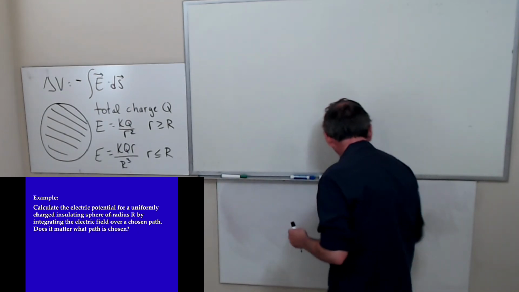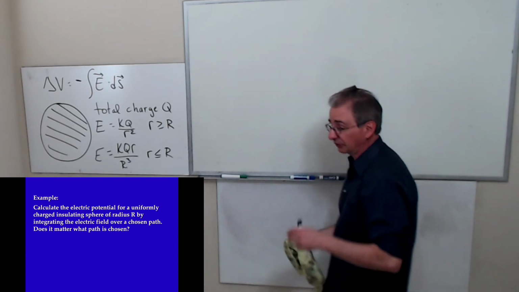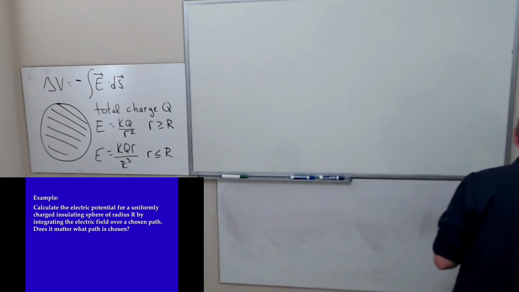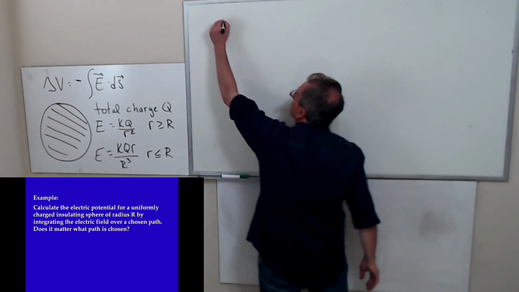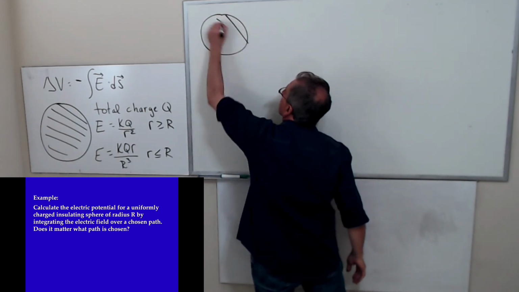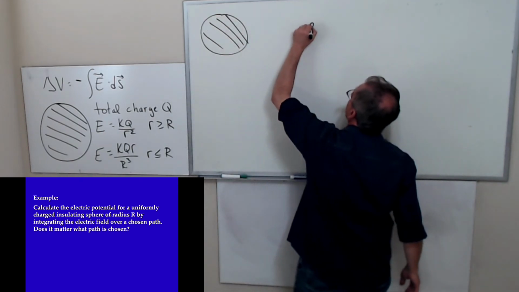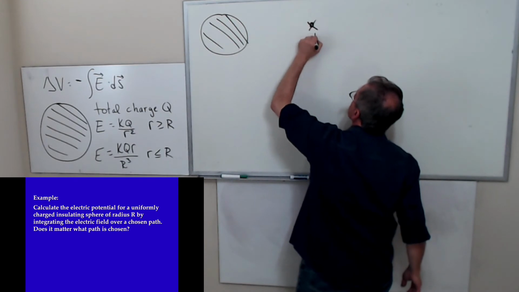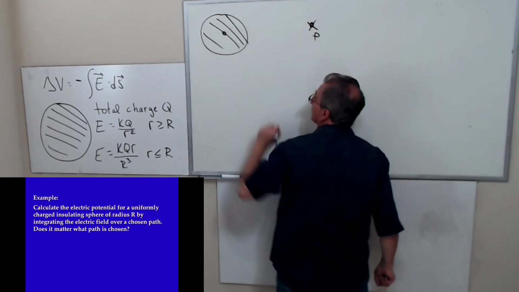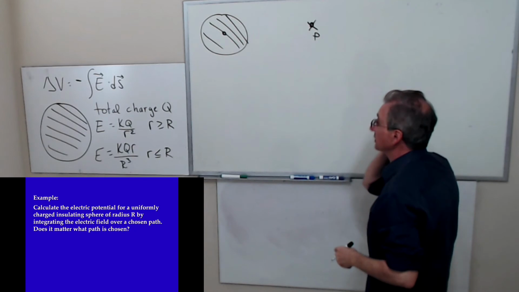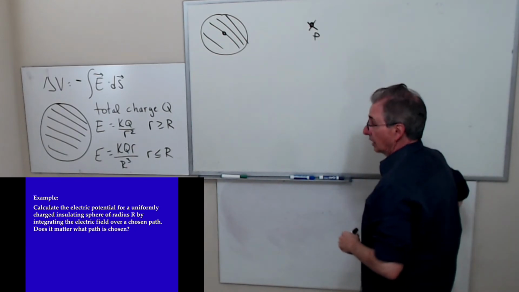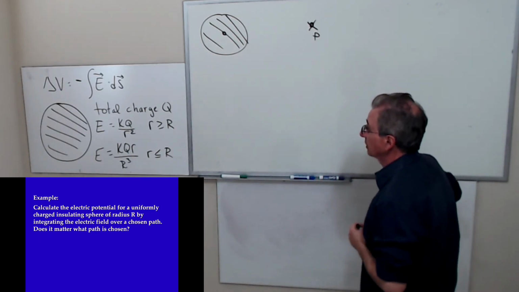This is how you would do it. I would start from the outside. I have a sphere, and I want to calculate the electric potential at this point P outside the sphere. It acts like a point charge when you're outside the sphere, and I want to use that equation.